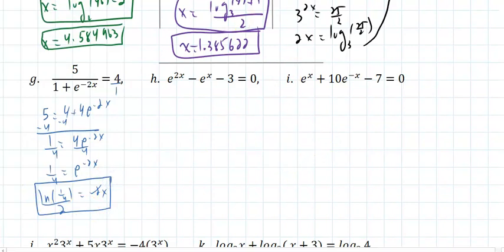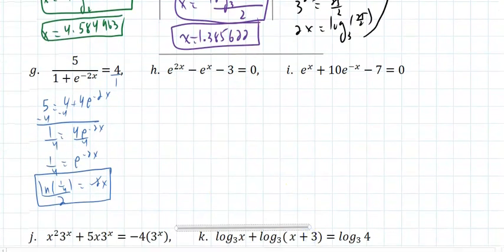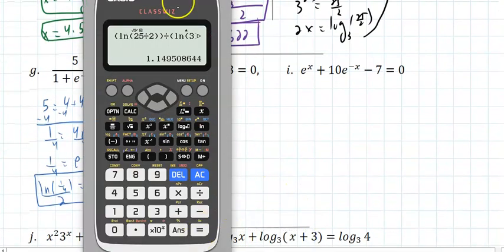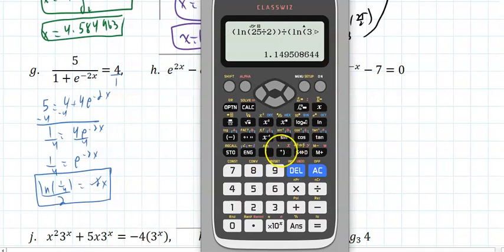And if I throw this in my calculator, I could figure out what that would be if I take natural log of 1/4, 0.25, or you could write 1/4 if you like. Yeah, I've seen students complain about that. Here we go. As you see it, not a problem. Divided by natural log, divided by 2.